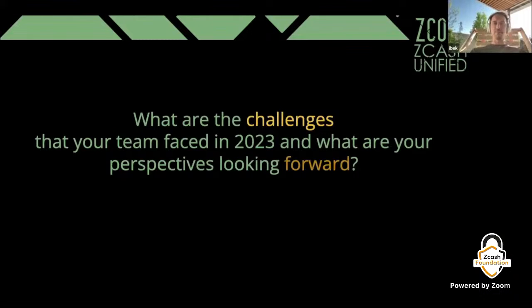But then you have chain specifics or coin specifics, such as, in the case of Zcash, birthday height and different address types. So these are the main challenges, I would say.